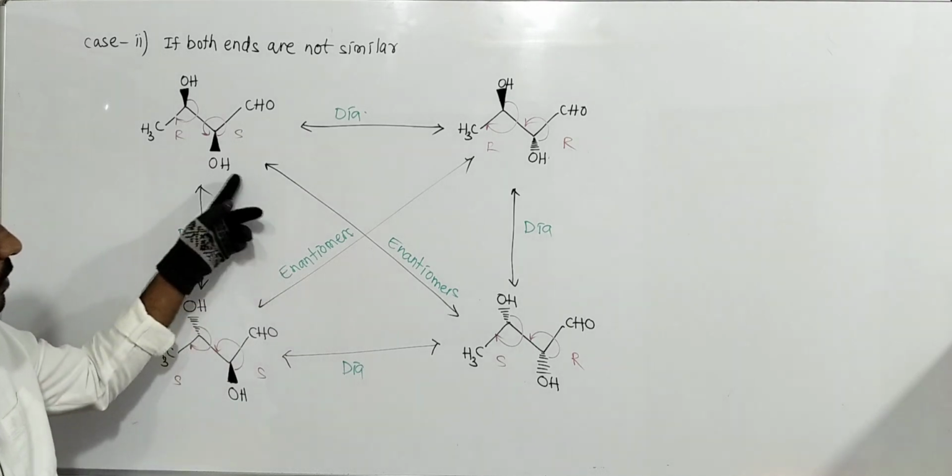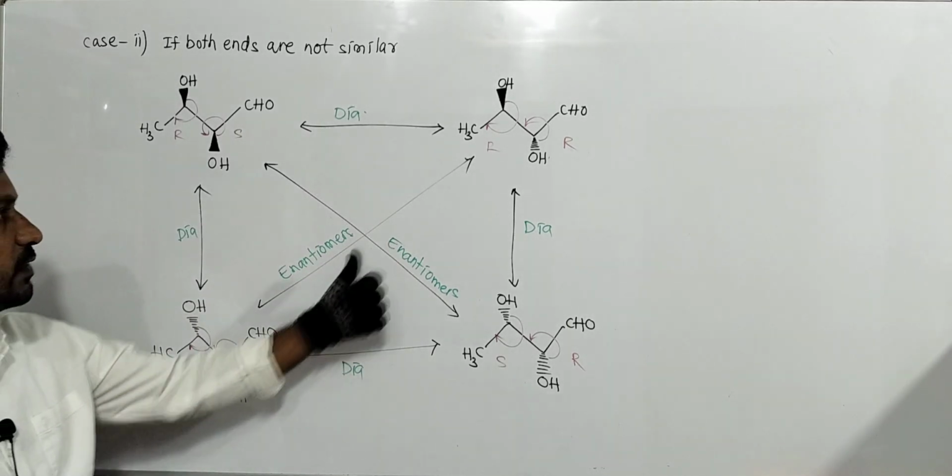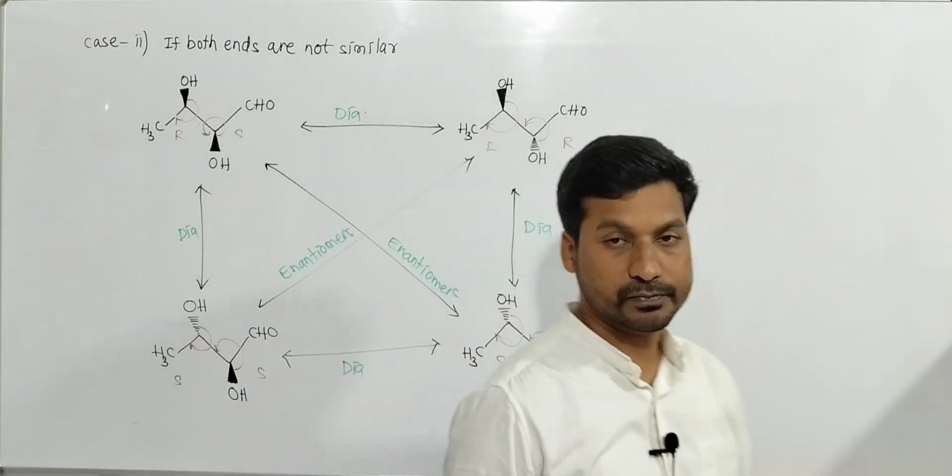RS with SR are enantiomers, SS with RR are also enantiomers.